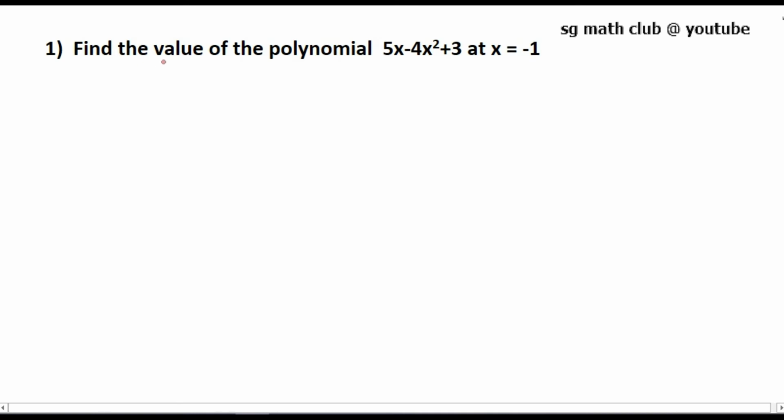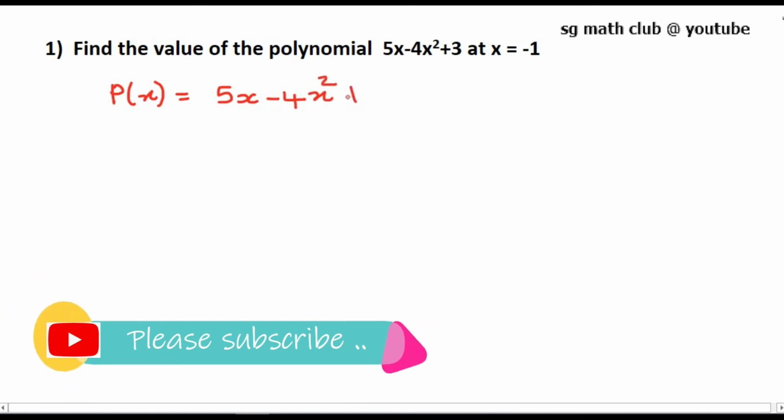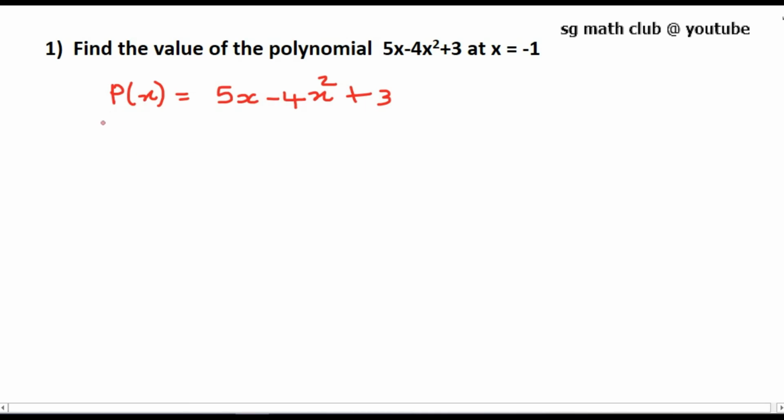So the first question is, find the value of the polynomial 5x minus 4x square plus 3 at x equal to minus 1. So we will write, let the polynomial they have given be p of x. P of x is equal to 5x minus 4x square plus 3. Now we want to find the value of this polynomial at x equal to minus 1. So wherever x is there, you are going to substitute minus 1.